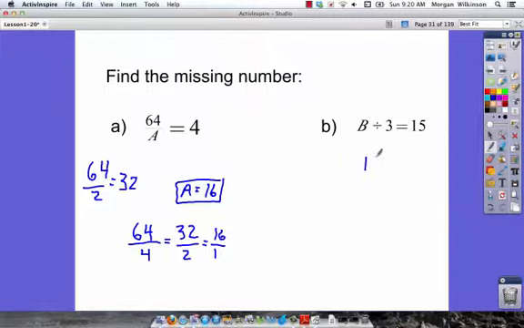We're going to use the inverse operation this time. 15 times 3. We could skip count: 15, 30, 45. We've got our answer of 45. So b must be equal to 45. And we know that's right because if we take 45 and cut it into 3 equal parts, we get 15 in each part.